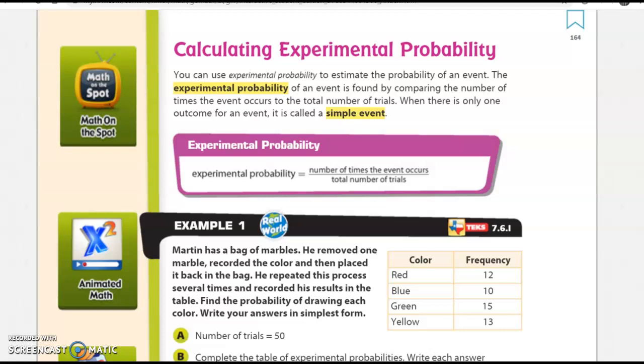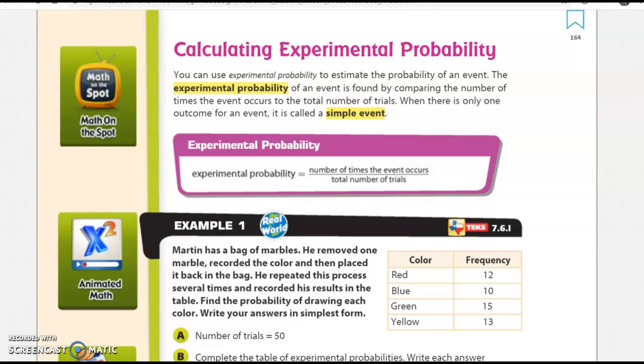So rolling a dice or flipping a coin. These are simple events where there can only be one possibility in terms of what comes up. So it can either be heads or tails. If it's a number cube, 1, 2, 3, 4, 5, or 6. Okay? So as we notice here, the formula there is experimental probability would be the number of times that an event occurs over the total number of trials.